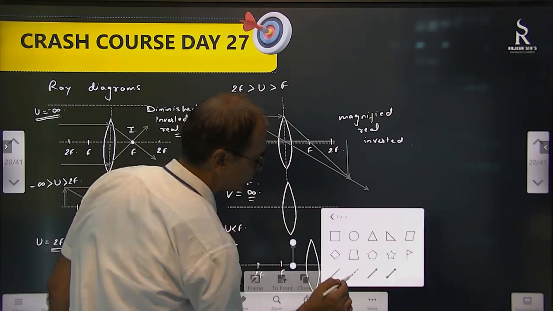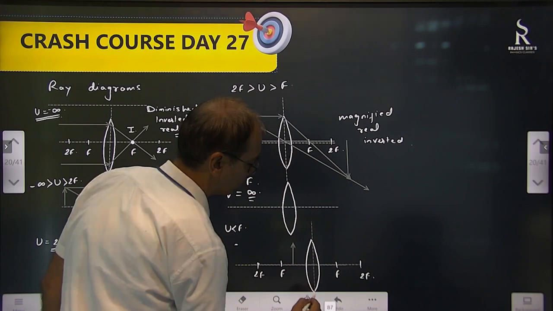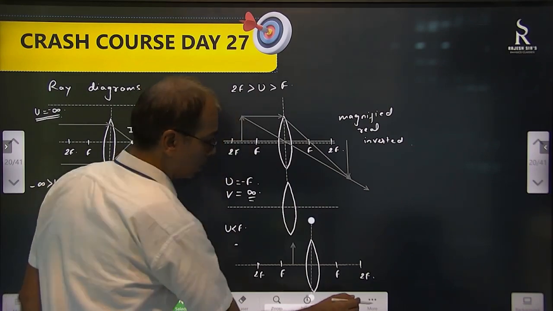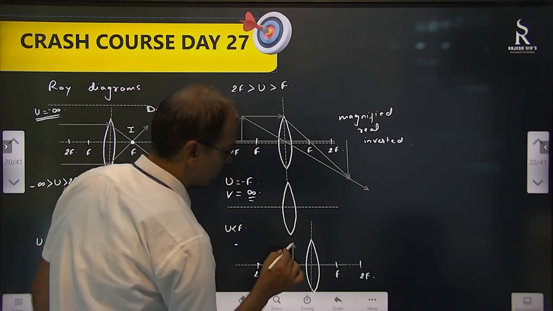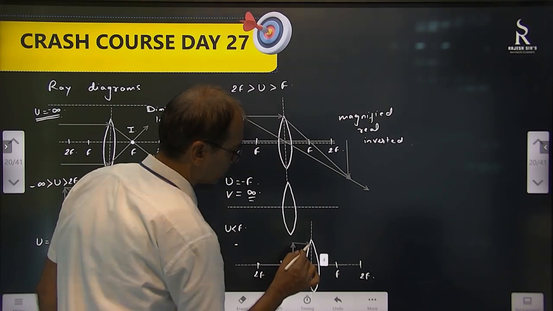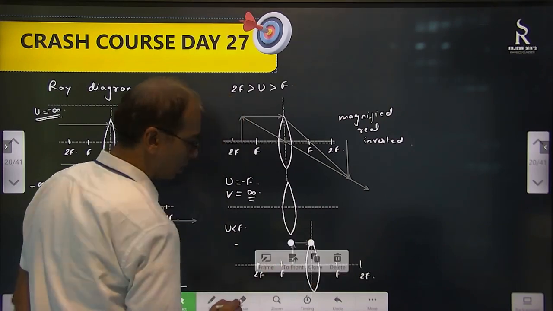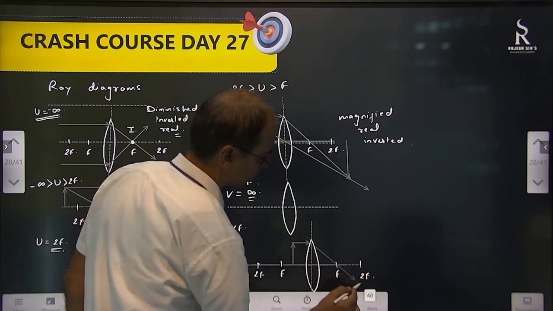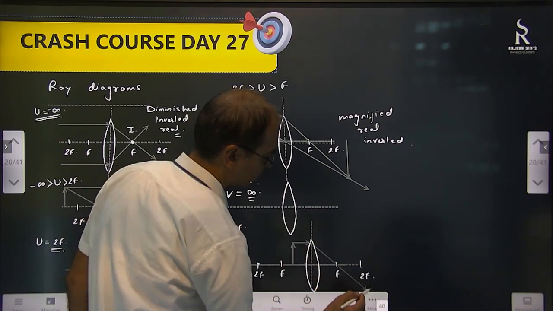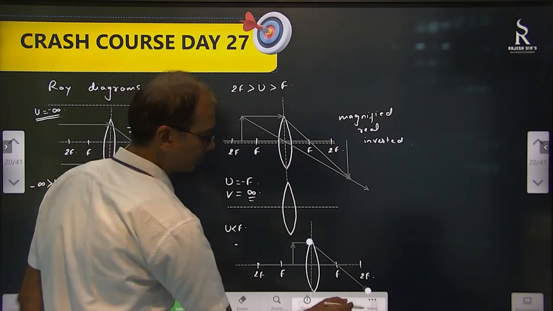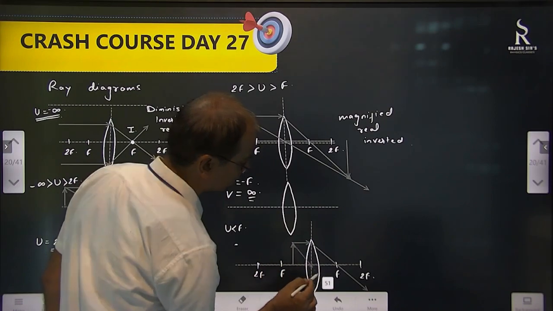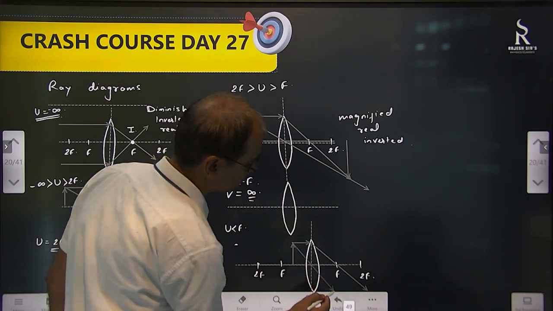Then the center line. Okay, then make one line parallel to the principal axis first. Then it must pass through the focus. Okay, another one we'll take from the pole, going like this.